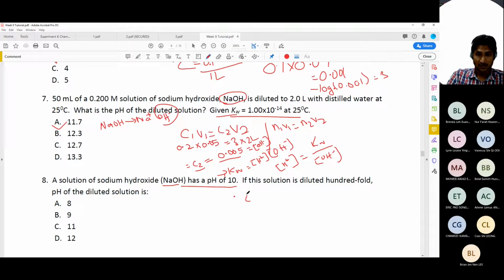The pH is 10. That means the hydrogen ion concentration in the solution is 10 power negative 10.